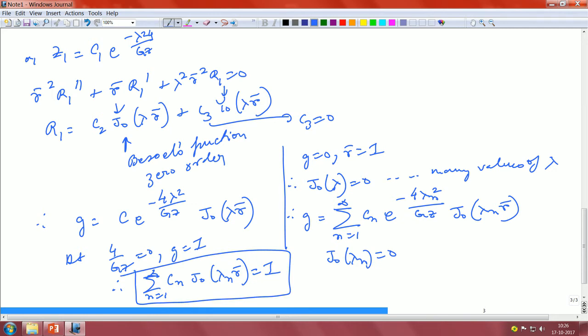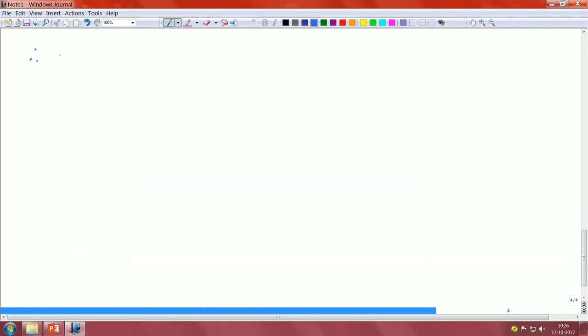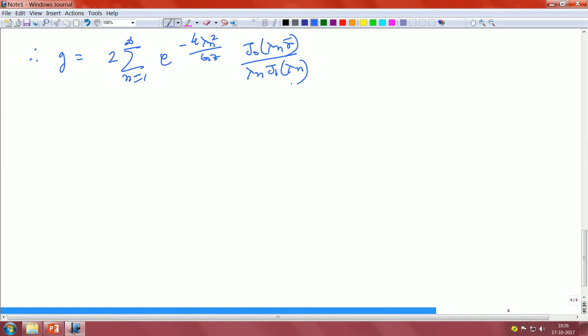Now, taking this forward, G is equal to 2 into the sum from n equal to 1 to infinity of exponential of minus 4 lambda n square by Gz, J naught lambda n R bar divided by lambda n J1 of lambda. This is the first order Bessel's function of the first kind.